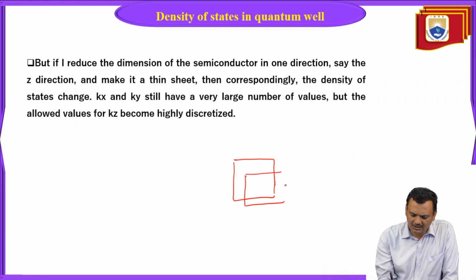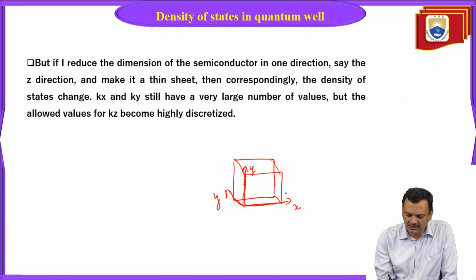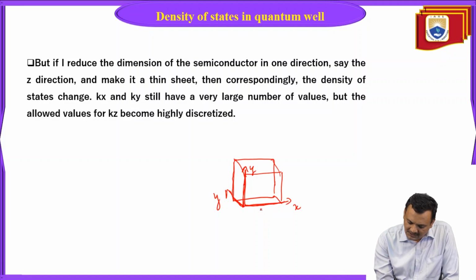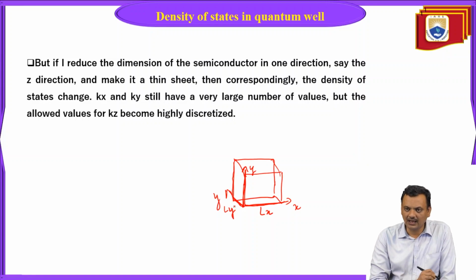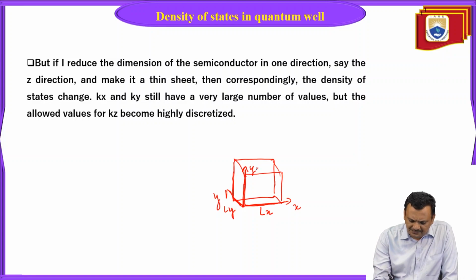Let's suppose this is your bulk semiconductor, having dimensions in X, in Y, and in Z. This semiconducting crystal structure has dimension L_x in the X direction, L_y in the Y direction, and L_z in the Z direction.